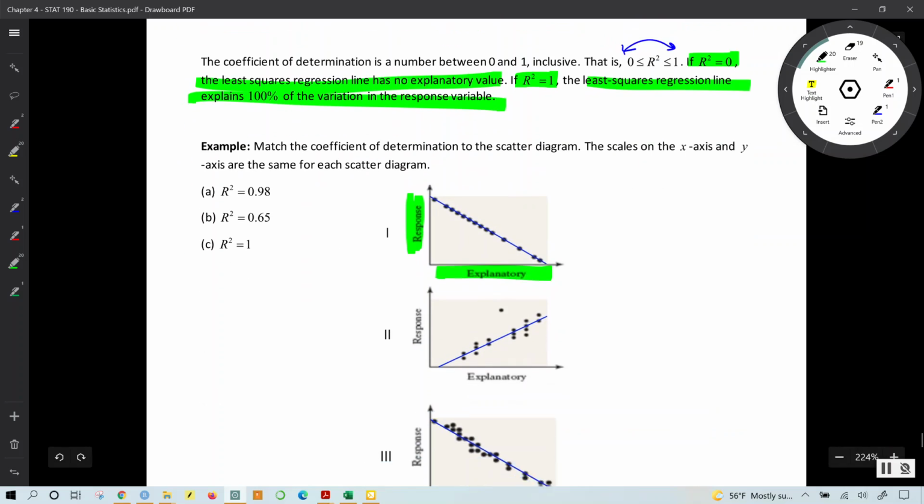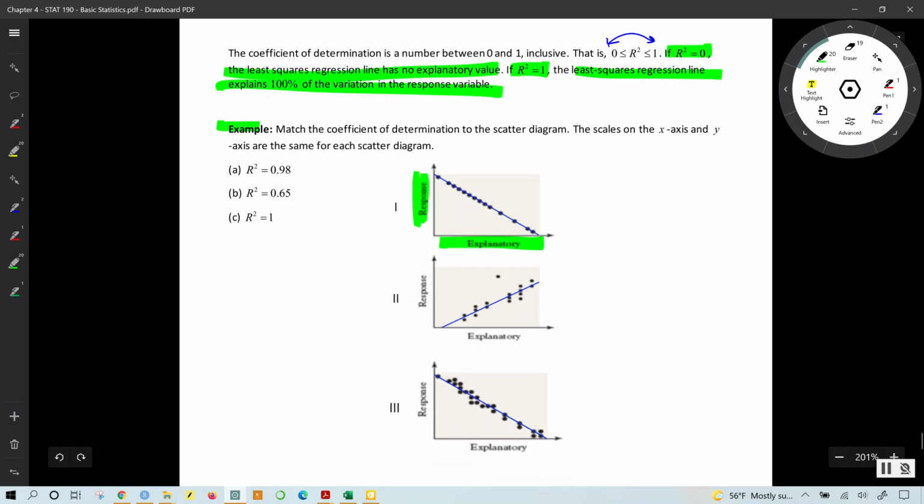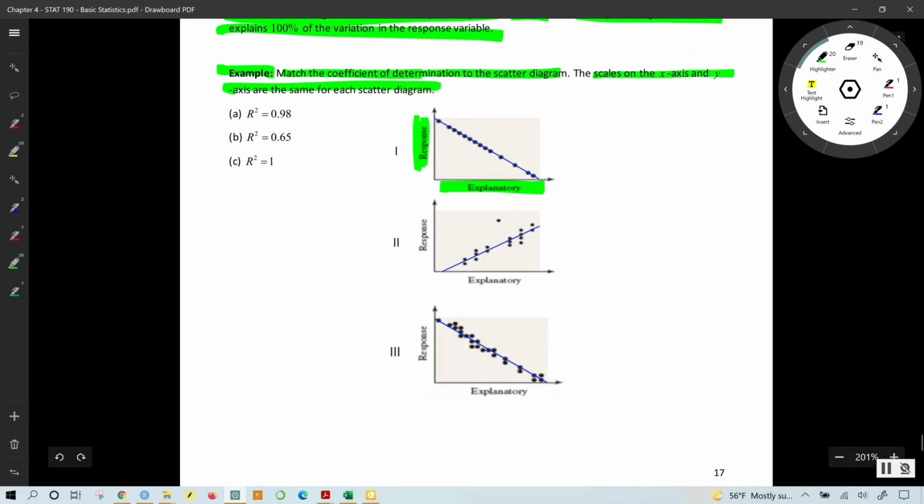So let's consider an example here, where we are required to match the coefficient of determination to the appropriate scatter diagram. The scales on the x-axis and y-axis are the same for each scatter diagram. So I have R squared equals 0.9298, R squared equals 0.65, and R squared equals 1.